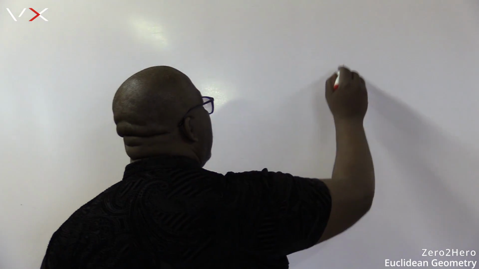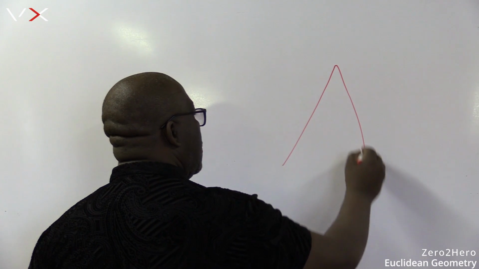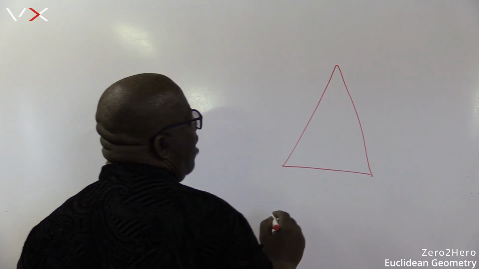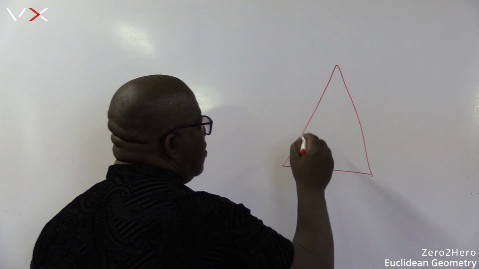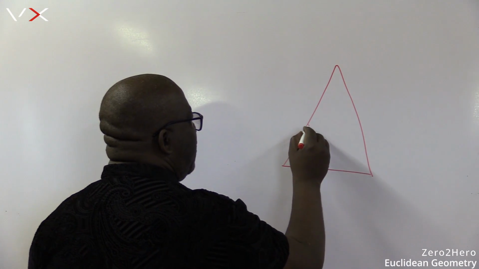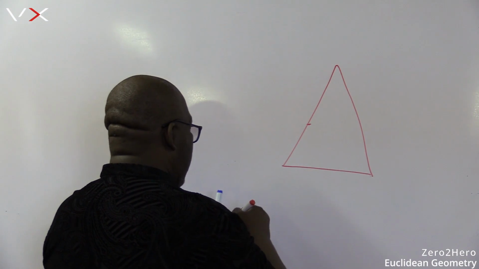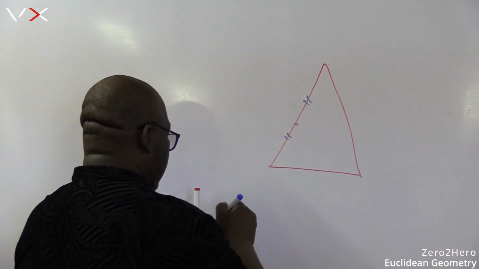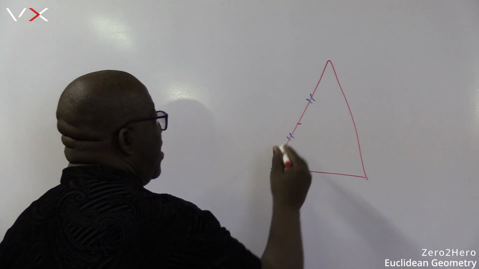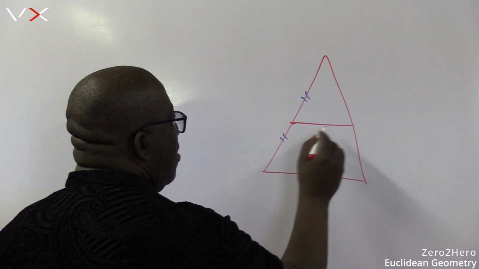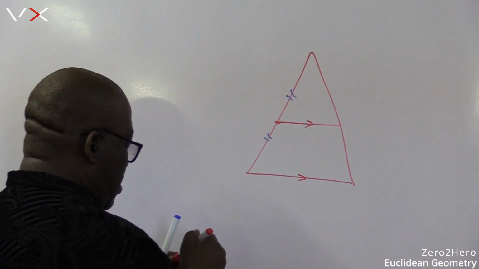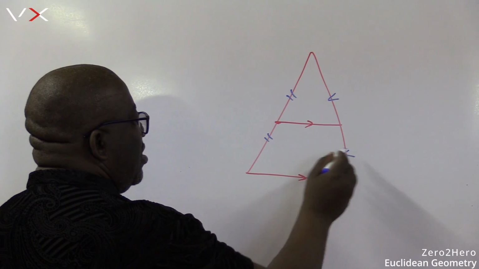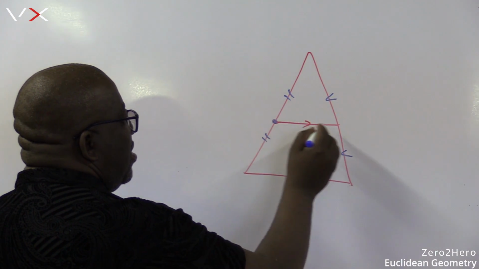If we've got a triangle like this one, what is the midpoint theorem saying? If this is halfway, in other words, if this distance is the same as this distance, and I've got a line that is drawn parallel to this line, and this part is also the midpoint.